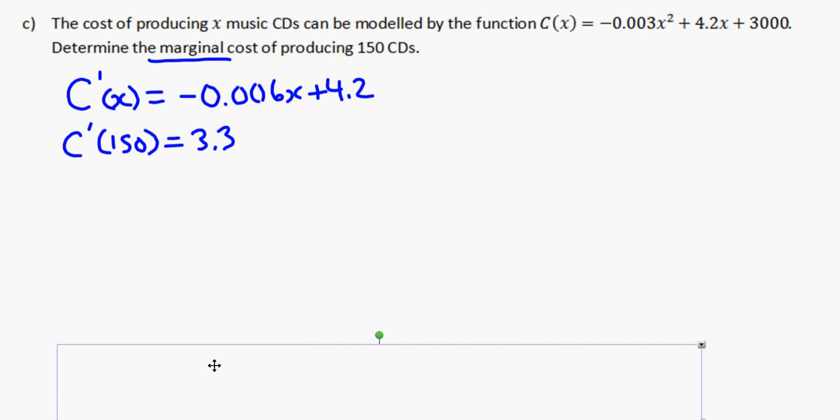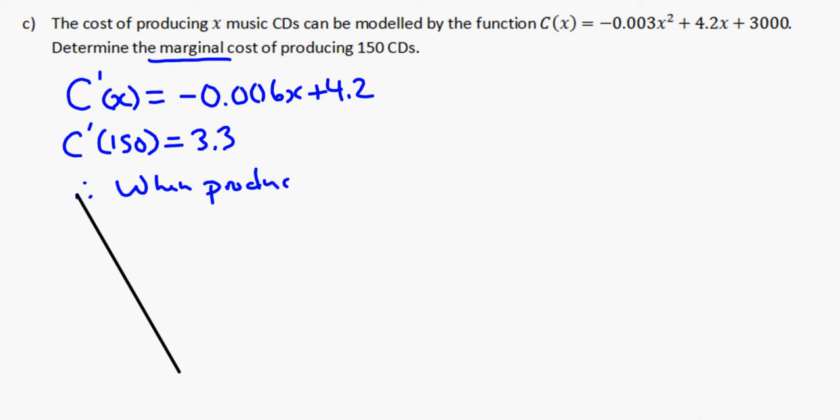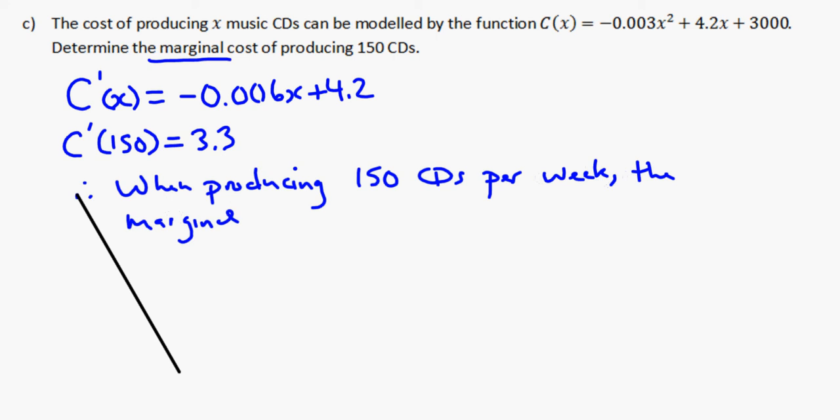Therefore, when producing 150 CDs per week, the marginal cost is $3.30 per CD.